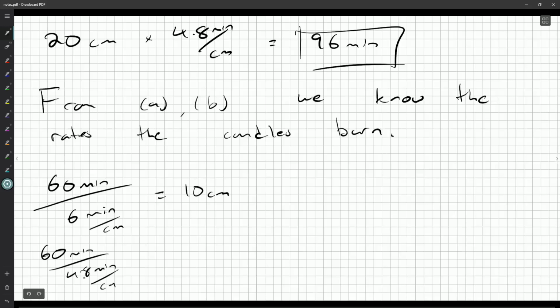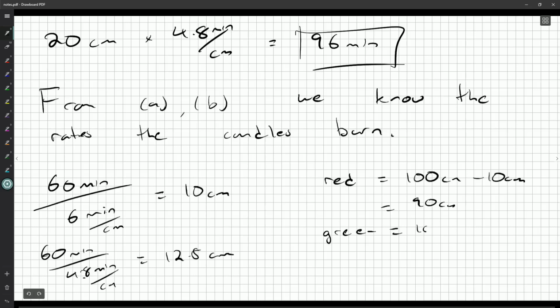So here's where we might have wanted a fraction. 60 divided by 4.8, just grabbing my calculator, is 12.5 centimeters. So the red candle is at 100 centimeters, but then we lost 10 centimeters, so it's at 90 centimeters.